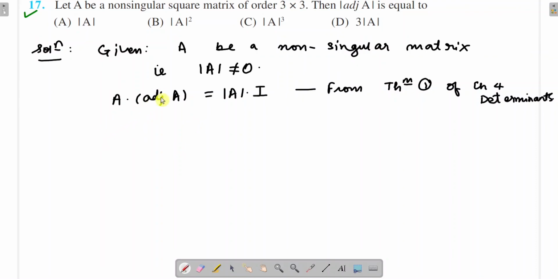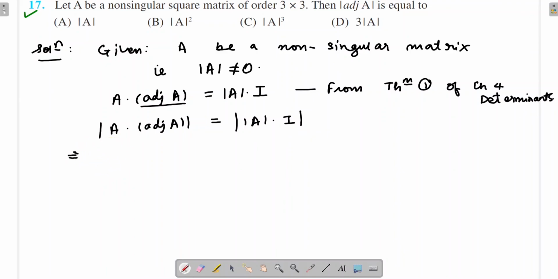So we want now the determinant of adjoint of A. We have to take the determinant of this equation. So determinant of A times adjoint of A is equal to determinant of A times I. What will we get here?